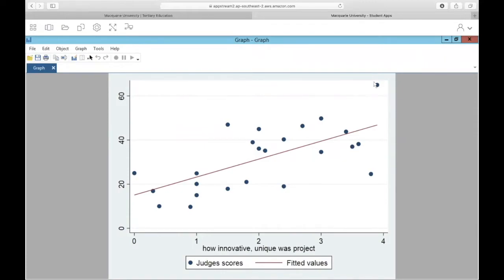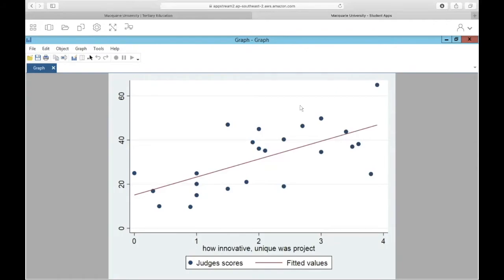This dot up here might be influencing the line of best fit, but it's probably not too bad. This person clearly had a very innovative project and also a very high judge score. This also appears to be a moderate relationship as the data points do cluster fairly closely to the line of best fit, and no concerning gaps or clustering.